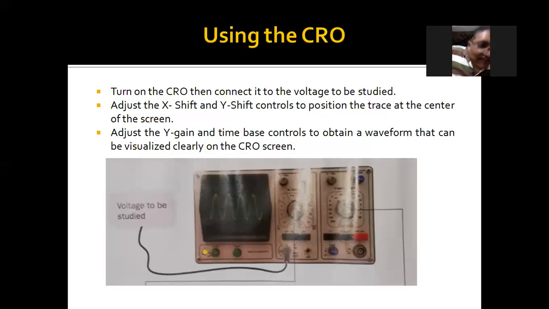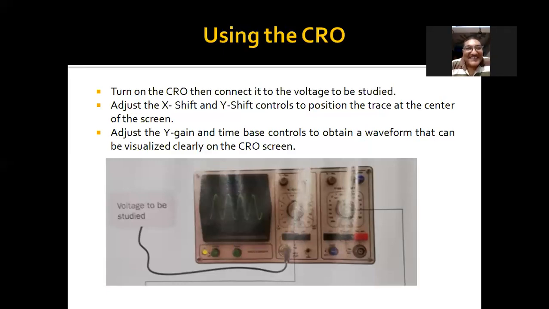So the Y gain is the scale for the y-axis of the CRO screen, and the time base is the scale for the x-axis of the CRO screen. I hope that you have understood this. Because you know the CRO shows a graph, and the graph has 2 axes.